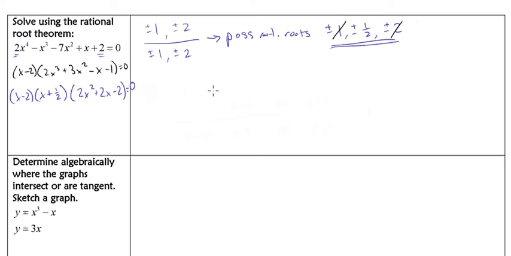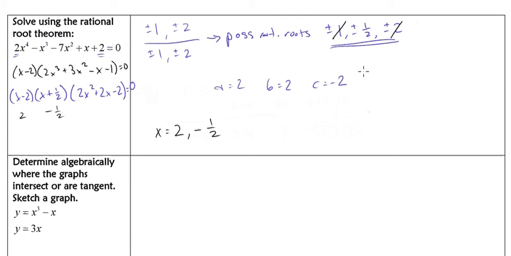And let's go ahead and just do our quadratic formula. So a is 2, b is 2, and c is negative 2. And as you go on through, you'll solve that, and you'll get that x is equal to 2, that was our first root, negative 1/2, that's our second root.